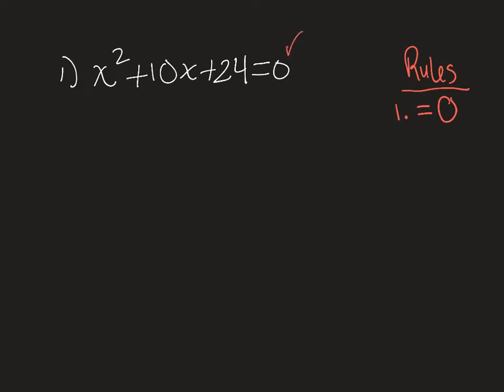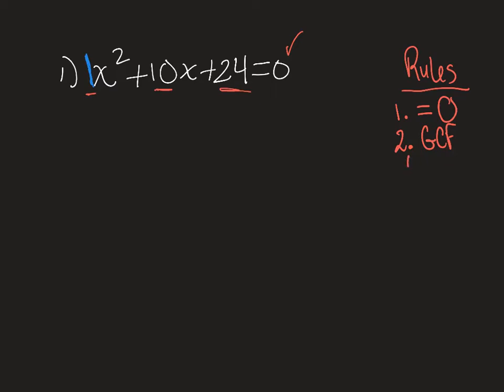Good job, it does. Number 2, we're going to look for a GCF. Is there a greatest common number in here? I'm going to write a 1 because there's an imaginary 1 in front of the x squared. But when we look at 1, 10, and 24, the biggest GCF they have is 1.